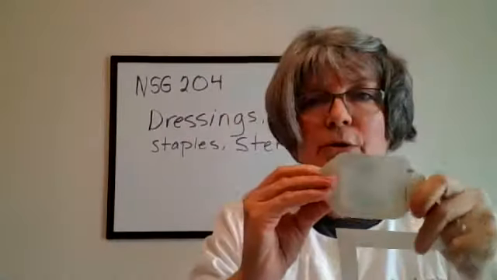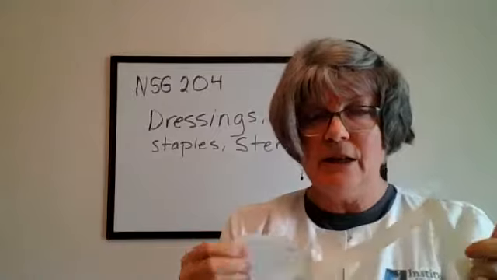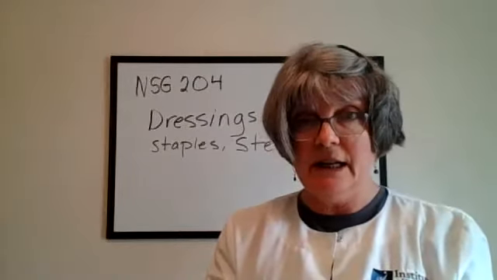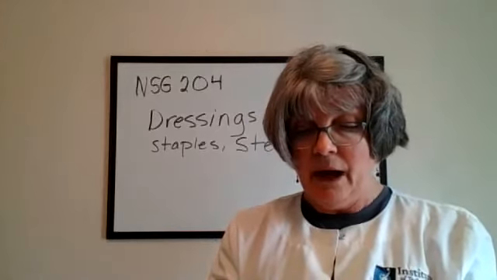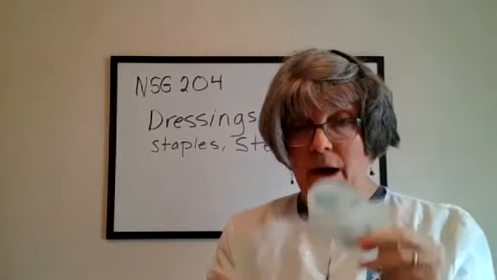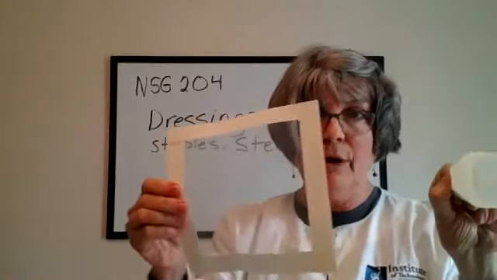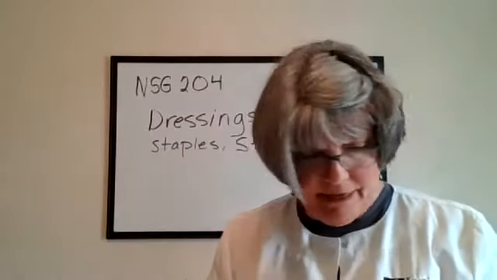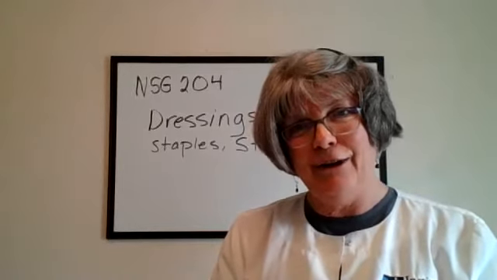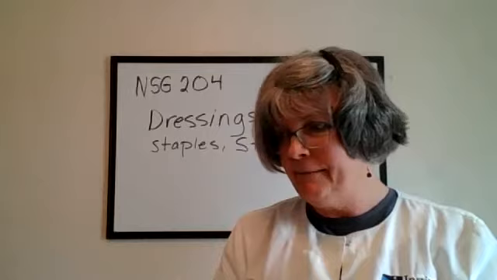It's a Tegaderm dressing, and this just creates a window so that you can look inside and see how things are underneath. So these are two different products that you may see. That's just a brief introduction and overlook of different types of dressings.